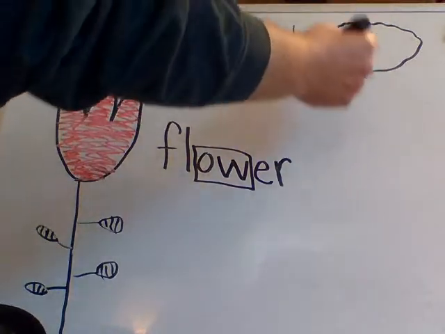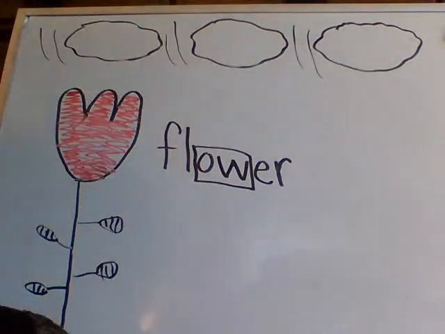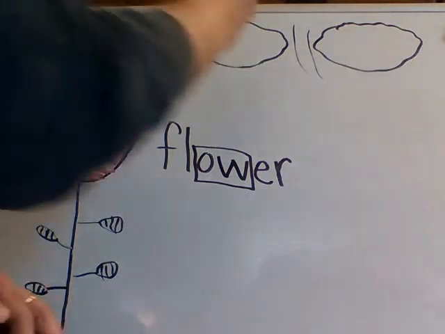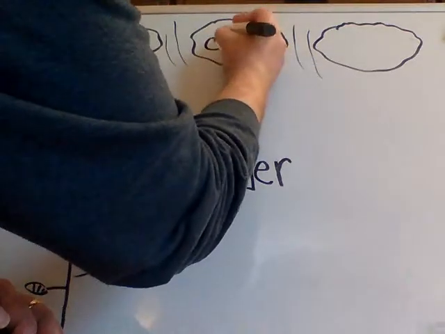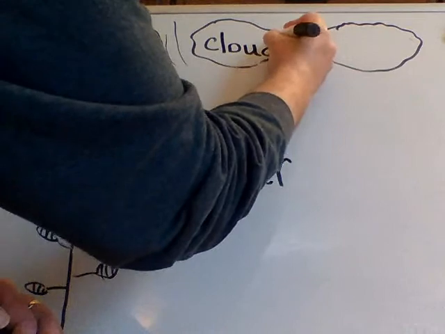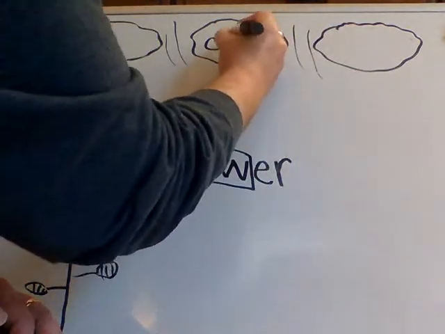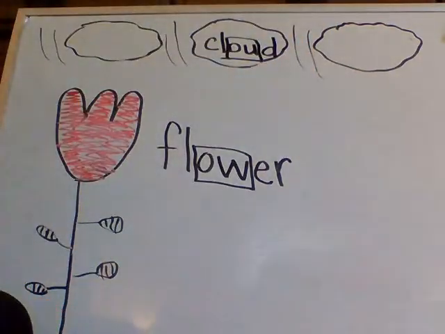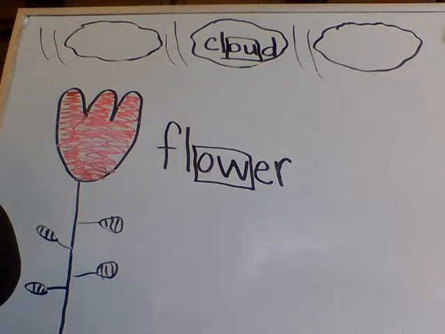This is just going to be a nice sunny day. Okay, now let's write our keyword CLOUD, and then box in that OU. Okay? Because we made clouds. So remember, OU together can say ow, like in the middle of cloud. So that easily we have our keywords for our new sound.